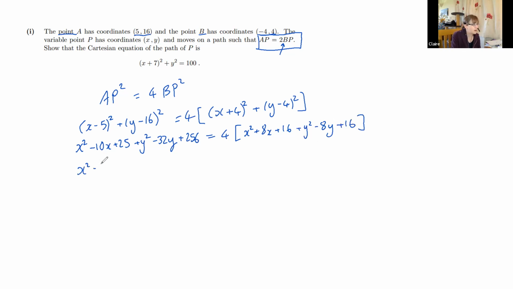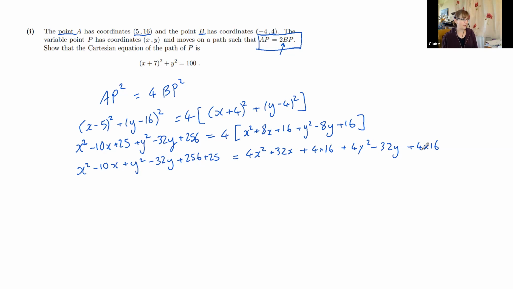We've got x squared minus 10x plus y squared minus 32y. Actually, I won't deal with that for now. On this side, I've got 4x squared plus 32x plus 4 times 16 plus 4y squared minus 32y plus 4 times 16.